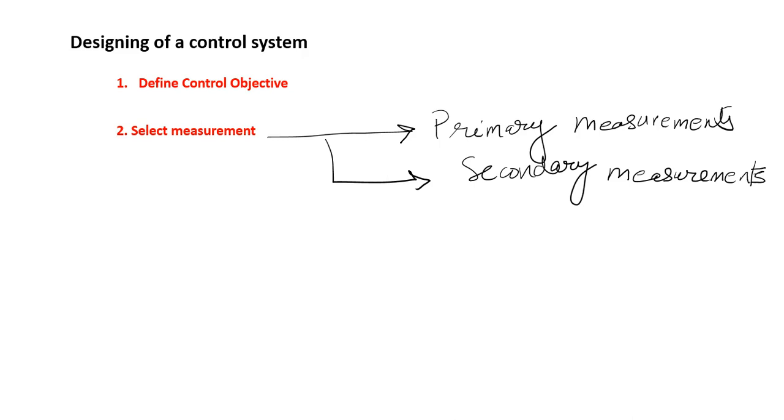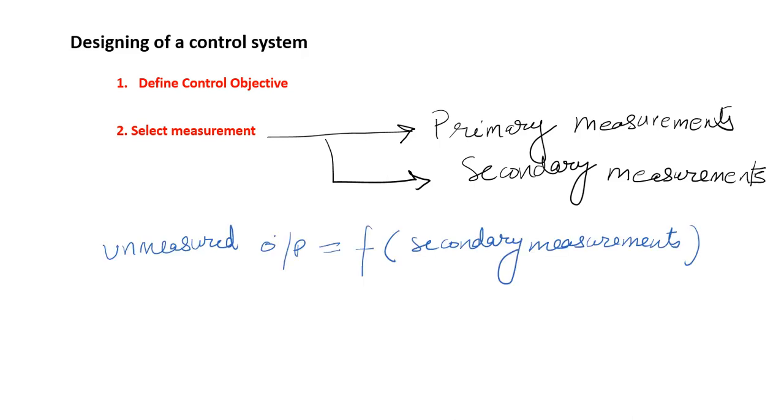So in such cases we measure other available variables which can be measured easily, and those measurements become the supporting measurements, which are classified as secondary measurements. Hence we can develop a mathematical relation between the unmeasured outputs and the secondary measurements.